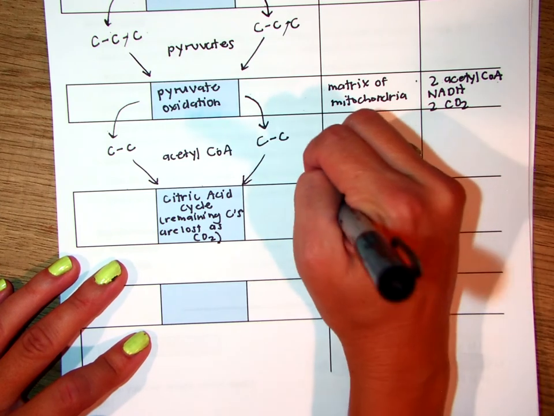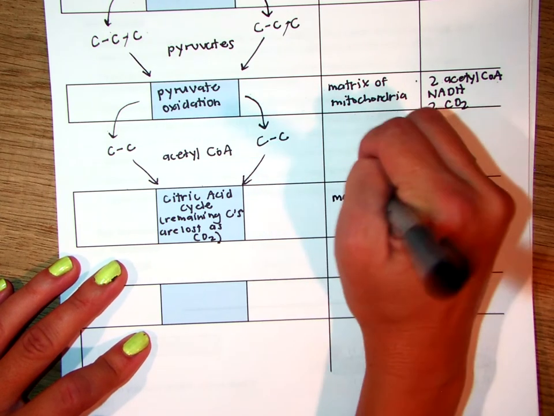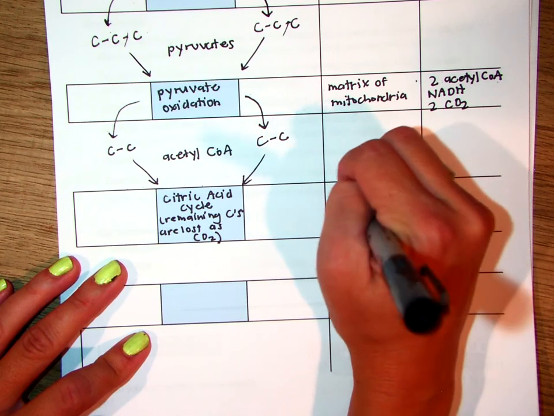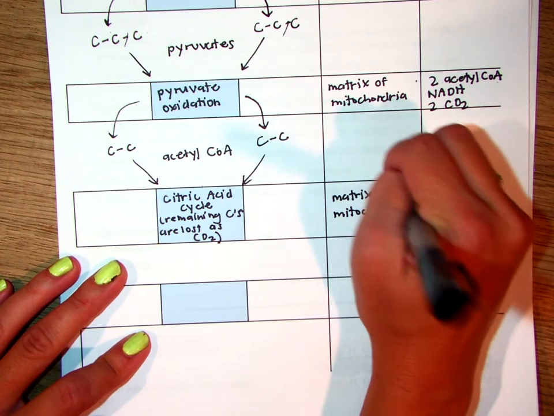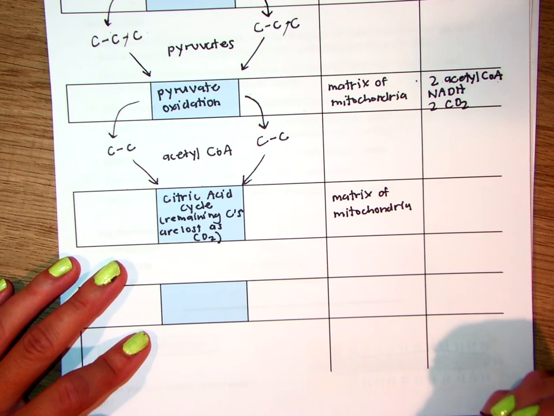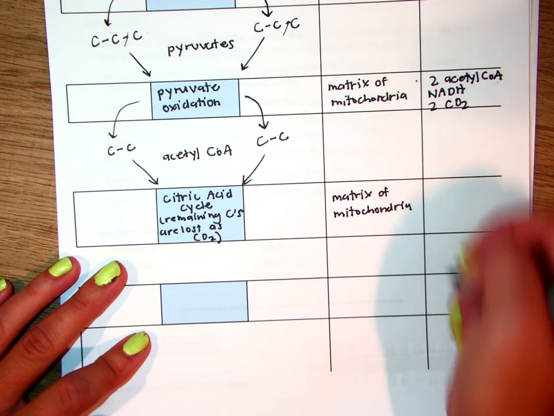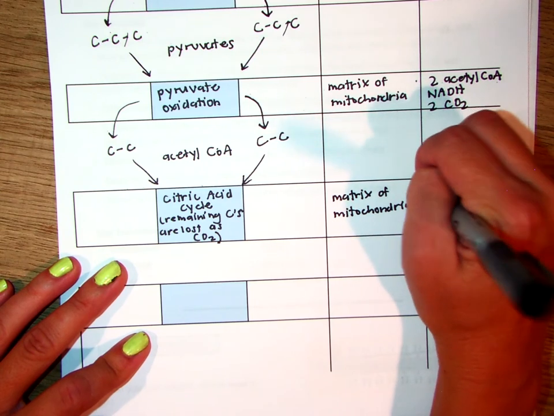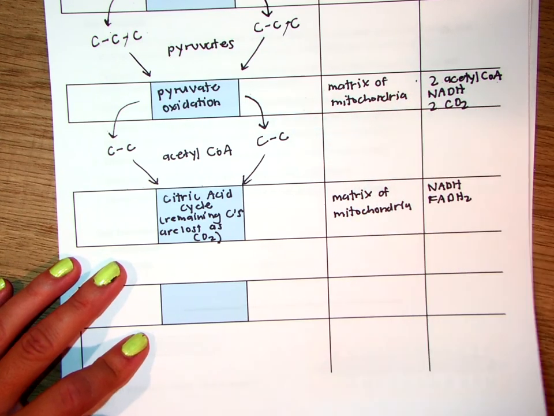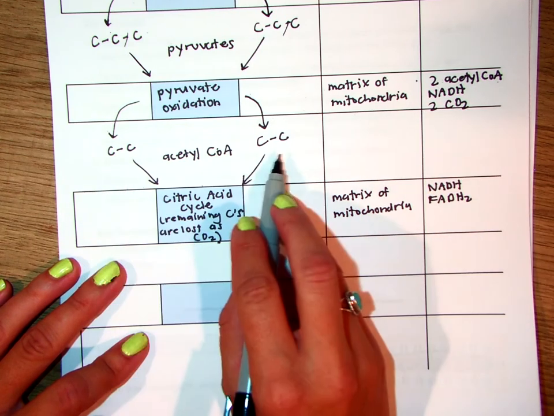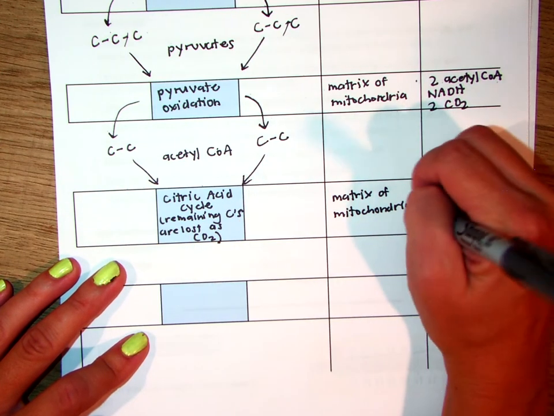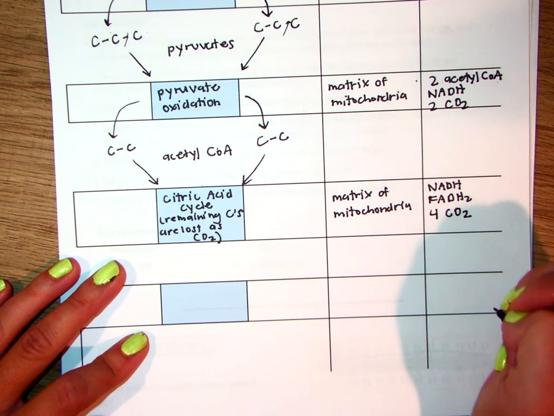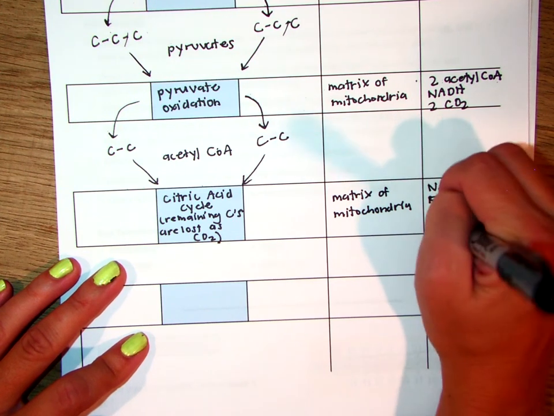This also happens in the matrix of the mitochondria. And we're going to get some more NADH and now our FADH2. Again, those just picked up hydrogen ions and electrons as a result of those bonds breaking. The remaining 4 carbons that we have are going to be released as CO2. And we're also going to get a little bit of ATP out of this.